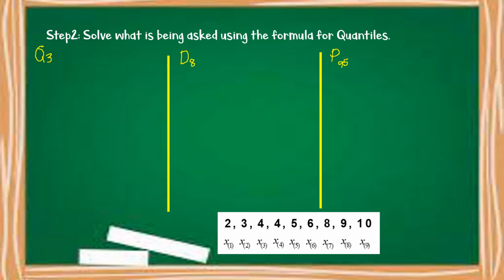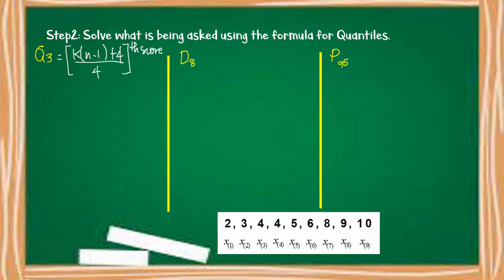So let's solve first the third quartile. The formula is K times N minus 1 plus 4 all over 4, because we are looking for the score.